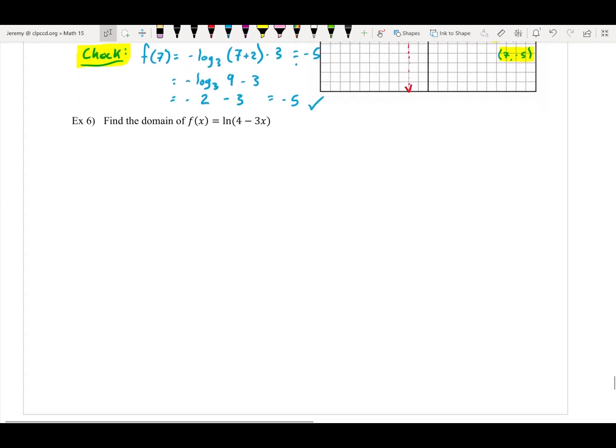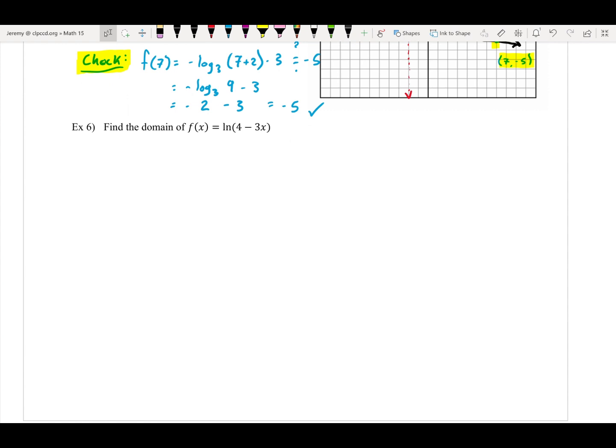Example 6, we want to find the domain of f of x equals natural log of (4 minus 3x). Domain. Okay, so we have to remember the domain of a logarithmic function.